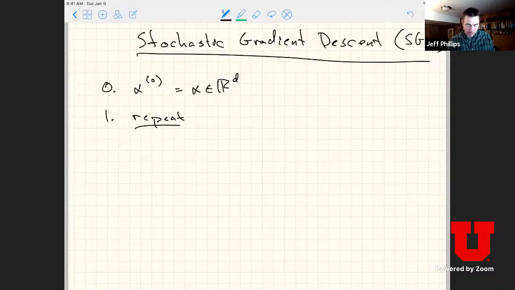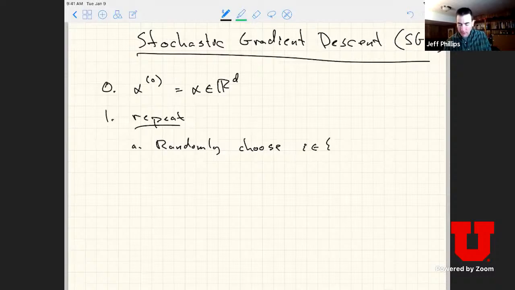So then you just repeat. I'm going to randomly choose some i in 1 up to n. So I'm going to randomly choose one of the data points.